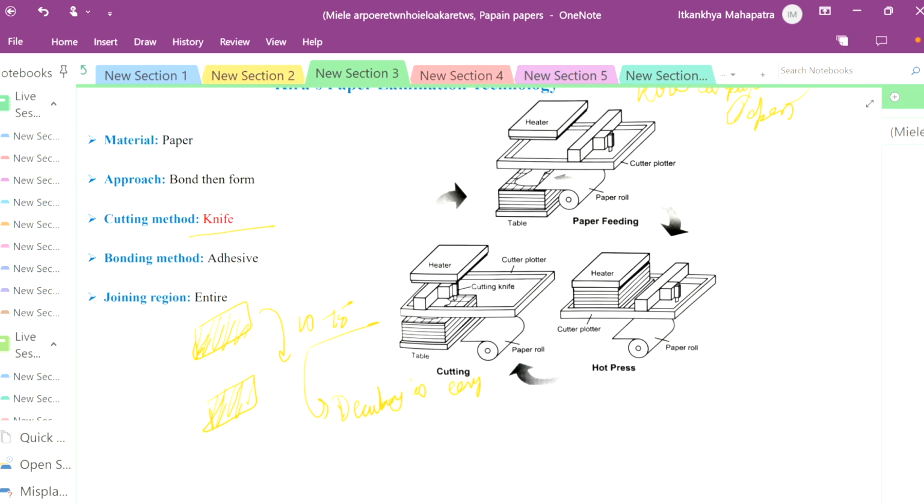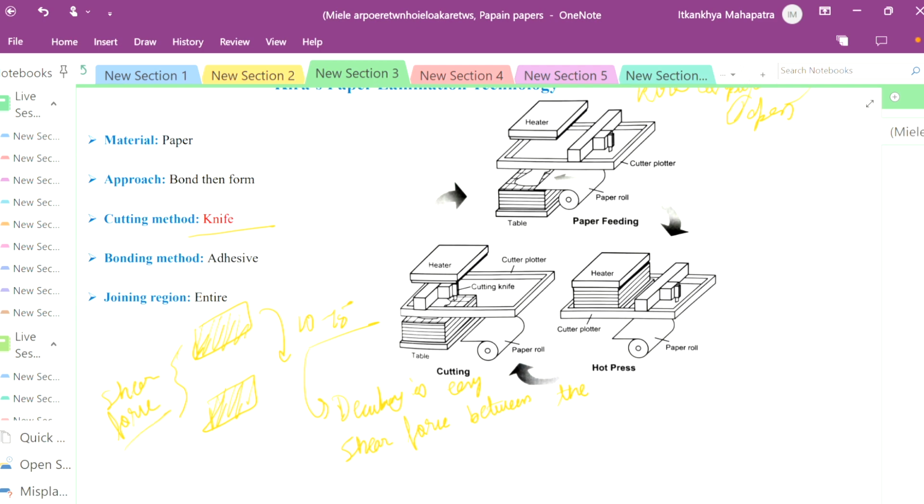and there is a shear force between these two layers.